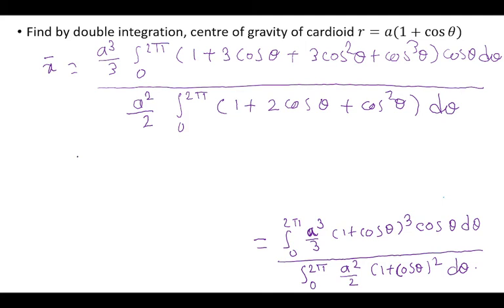If you see the simplification, a square gets cancelled, only a will be left, and the denominator of the denominator goes in the numerator. I think yes, it is 2a by 3. That is all that is left for simplification of the constant. At the same time, now I want to integrate this and put a limit.